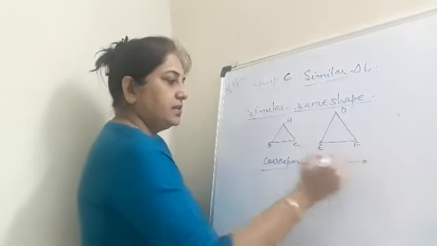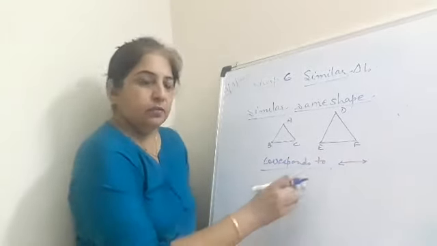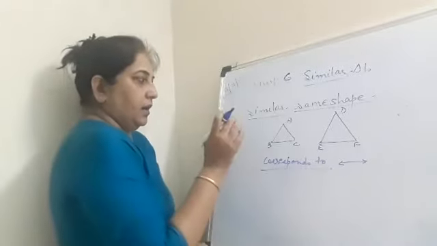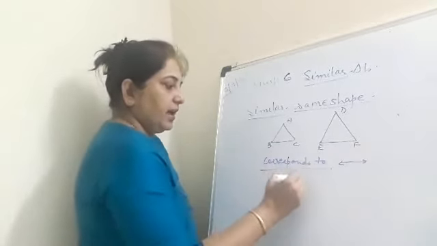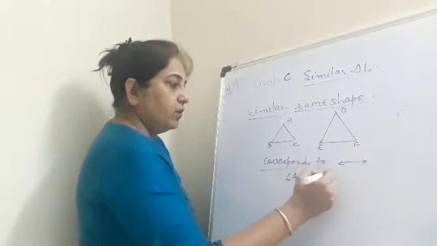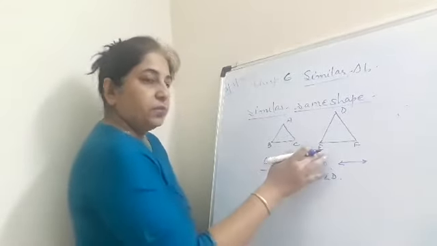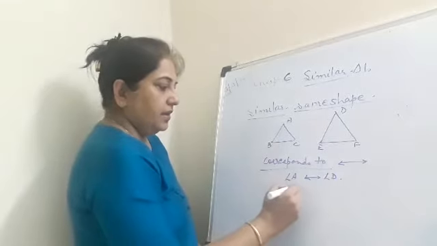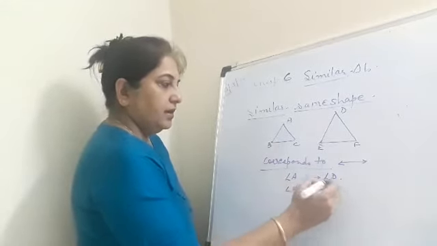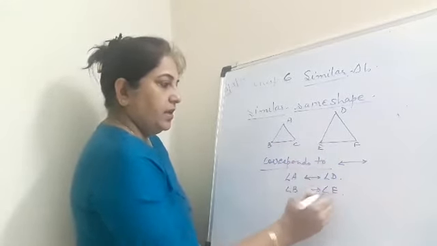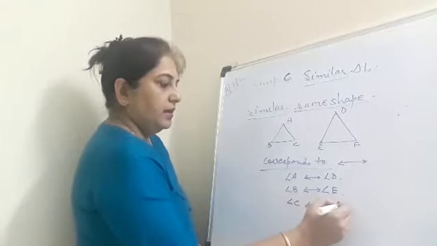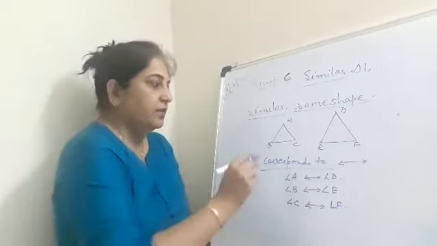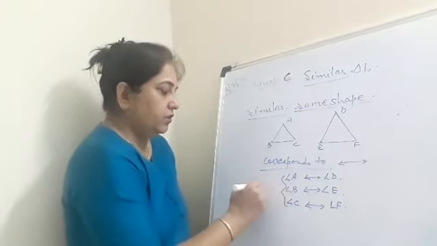We make this arrow on both sides, showing how this triangle corresponds to this triangle. That means angle A will correspond to angle D. These are corresponding parts, right? Angle B will correspond to angle E, and angle C will correspond to angle F, right?